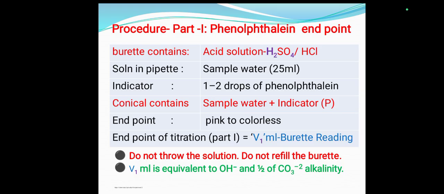In part 1 you got a V1 ml burette reading, so we have to continue from V1 ml only. No need to refill the burette for adjusting to 0. So V1 ml is equivalent to complete neutralization of OH minus and half neutralization of CO3 2 minus.